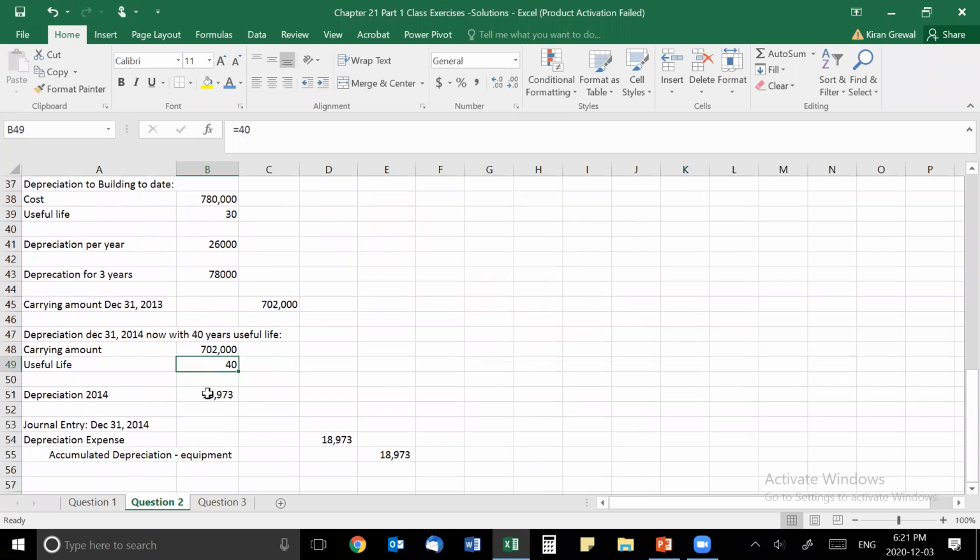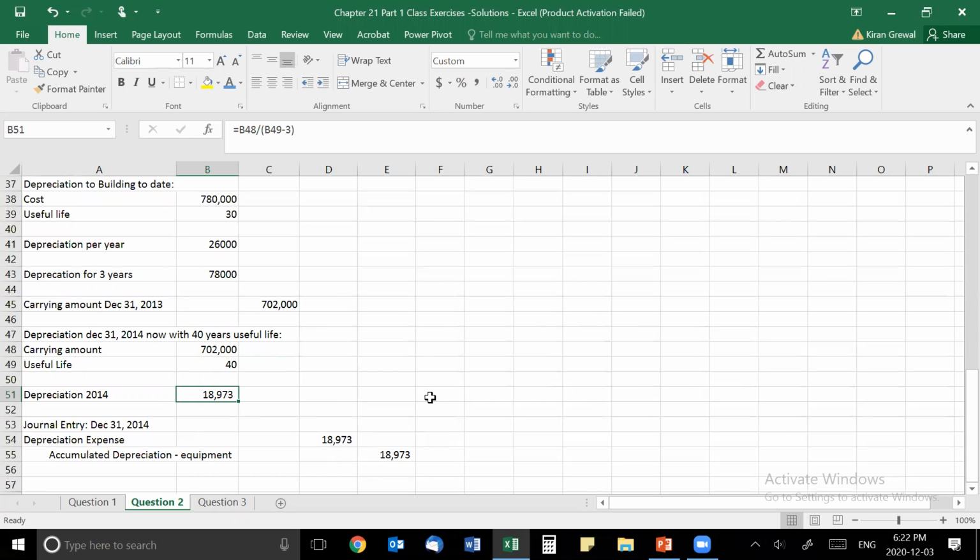Now your useful life is 40 years, but 3 years have already gone by, so you're only going to depreciate this over 37 years instead of 40. So that's 18,973. So that would be your depreciation going forward.